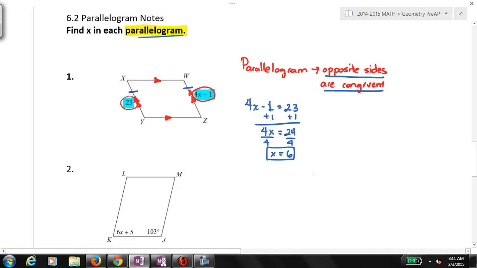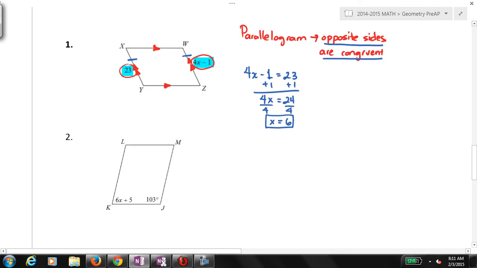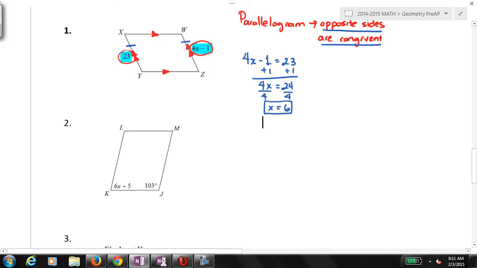Okay. Now, if we go back to the notes, well, before we do that, if we look at example 2, notice how this time it's still a parallelogram. So I know that these two sides are parallel, as are these.